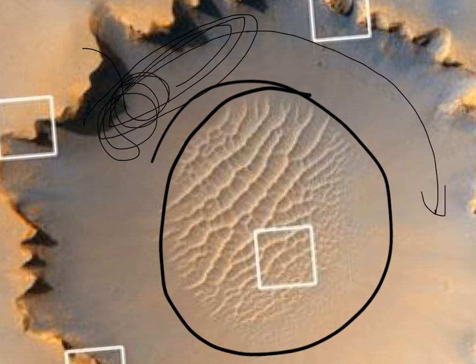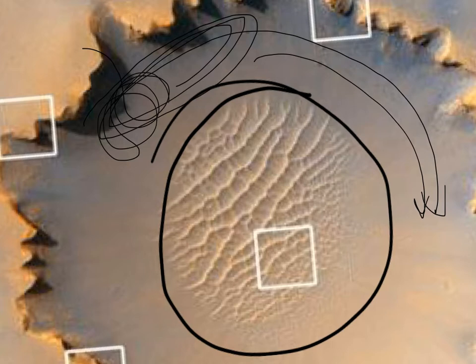Basically, my guess, and I haven't looked at Victoria Crater in detail here, is that the winds are scouring the loose sand to a greater extent around the edges of the crater because of these vortex wind flows. That's going to result in more of the loose sand being piled up in the center of the crater. And these are not simple barchan dunes. They're not simple transverse ridges.